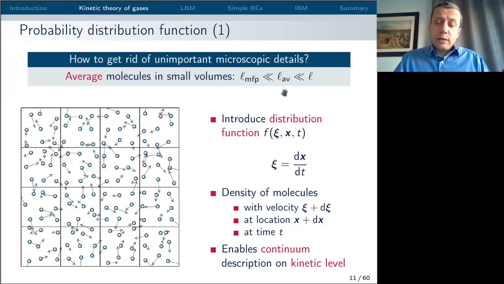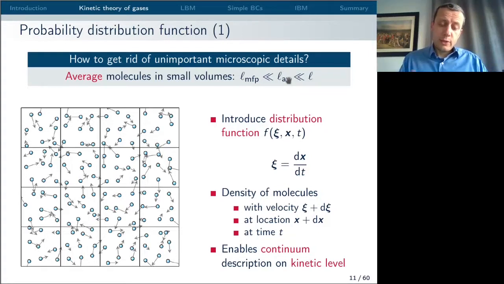Now, we are looking at a scale somewhere in the middle, that is large enough so that there are quite a few molecules included in a volume that has an edge length of L on average, but this box itself is still smaller than the system of interest.